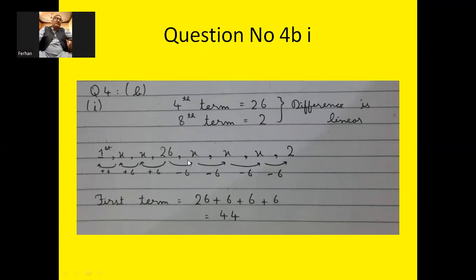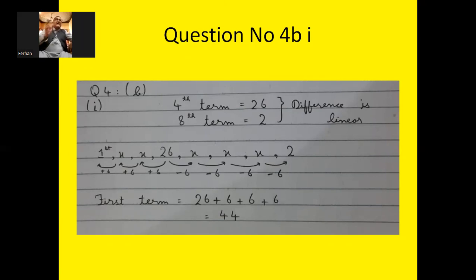From 26, if you subtract 6, you get 20. From 20 subtract 6, you get 14. From 14 subtract 6, you get 8. And from 8 subtract 6, you get 2.